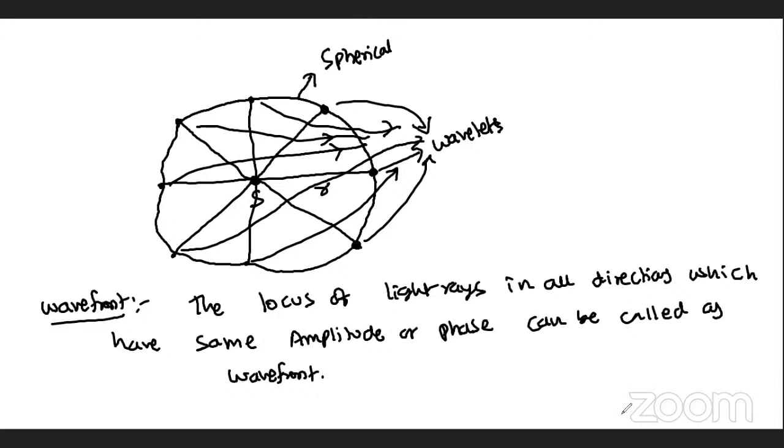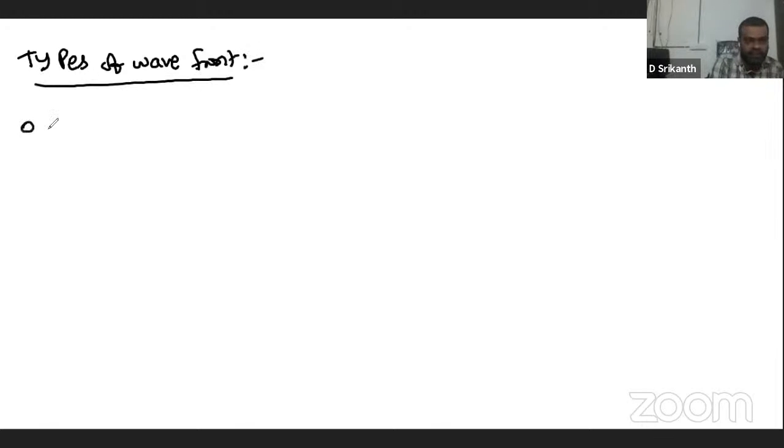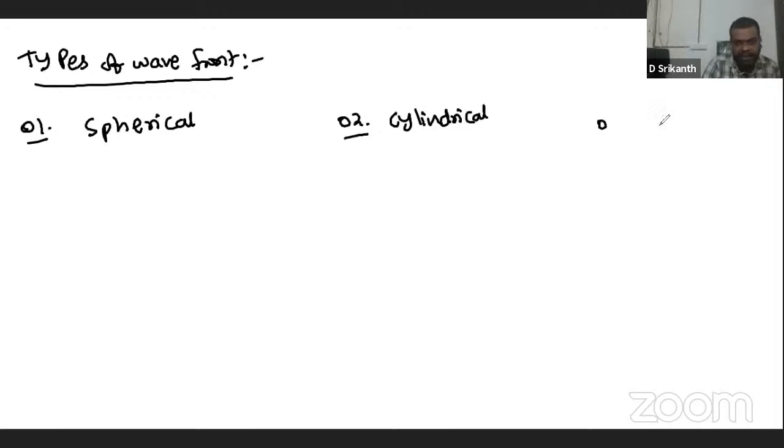Now here we have the types of wavefront. This wavefront is divided into 3 types. One is spherical wavefront, number 2 is cylindrical wavefront, and number 3 is plane wavefront.